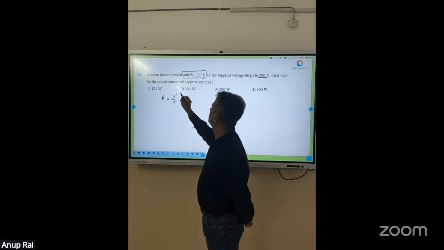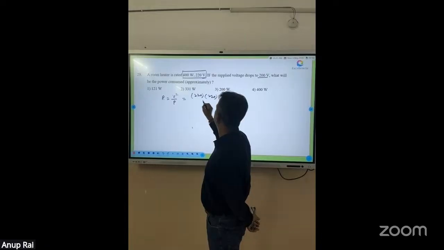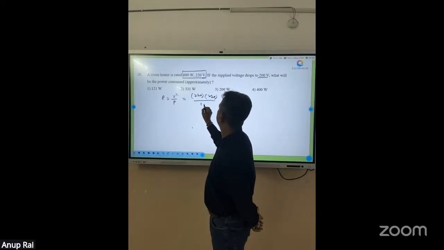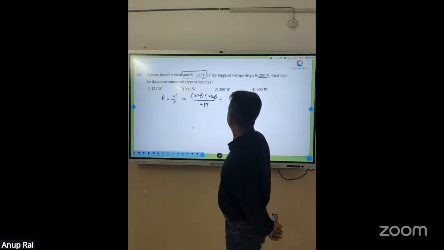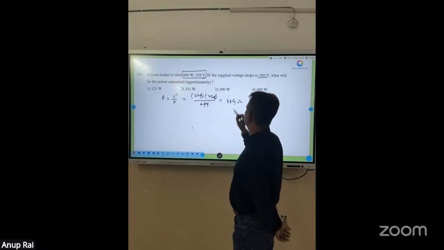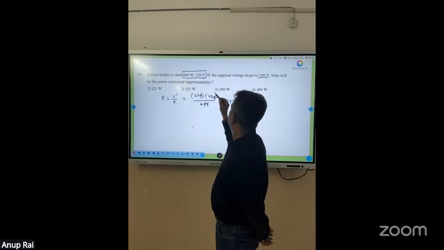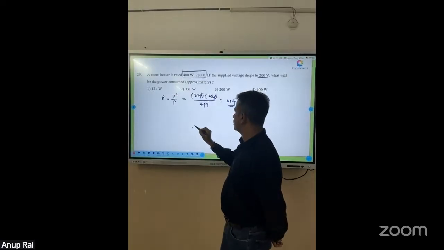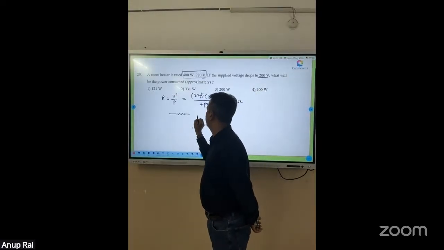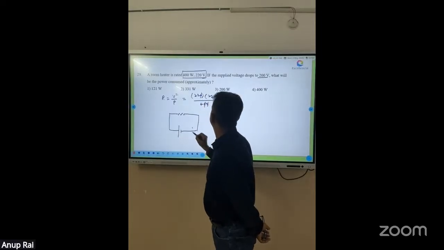So the resistance of this heater is going to be 220 into 220 divided by 400, which is 121 ohm.